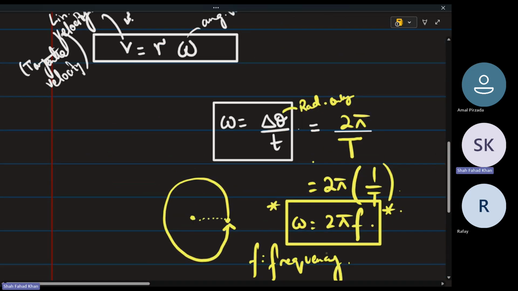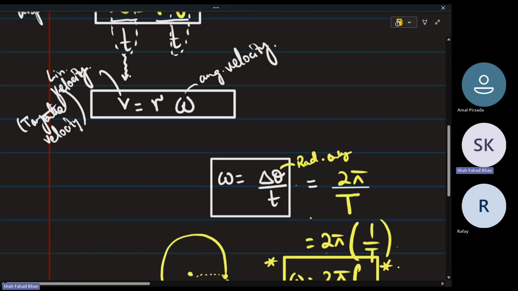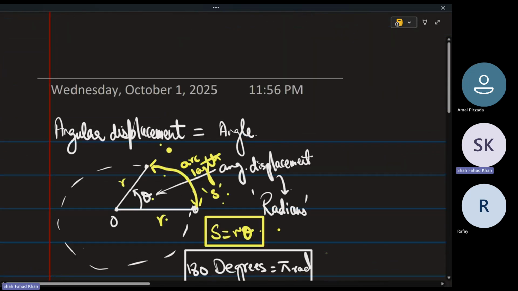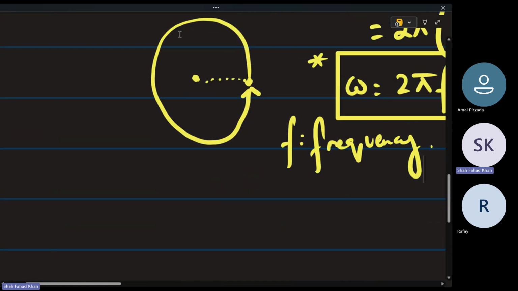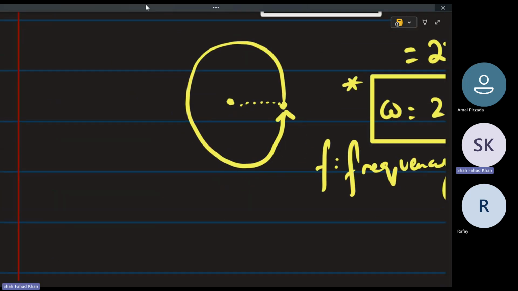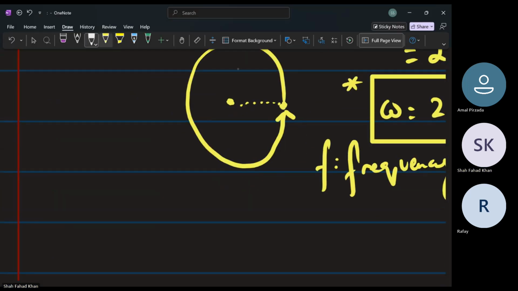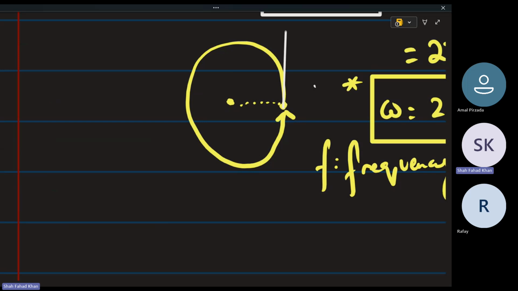Then we need to understand the relationship between linear and angular quantities. There is also linear acceleration and angular acceleration. Now this is linear velocity, directed as a tangent to the circle itself.